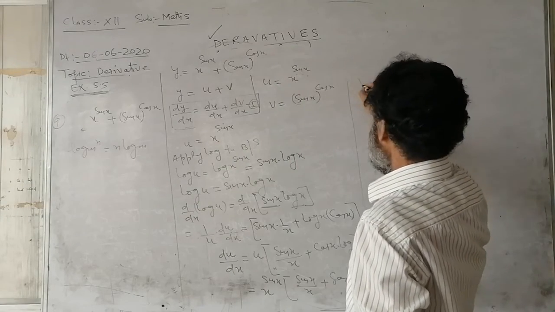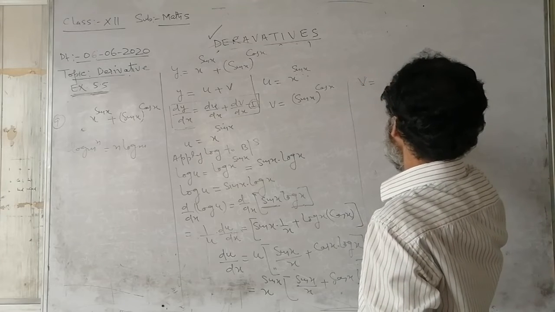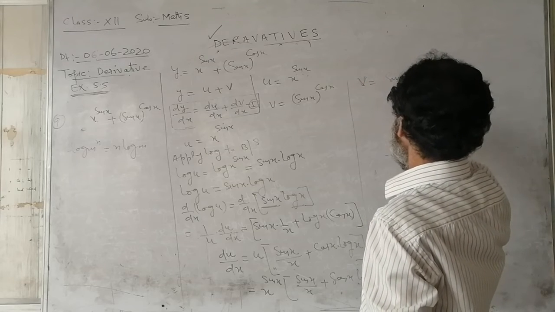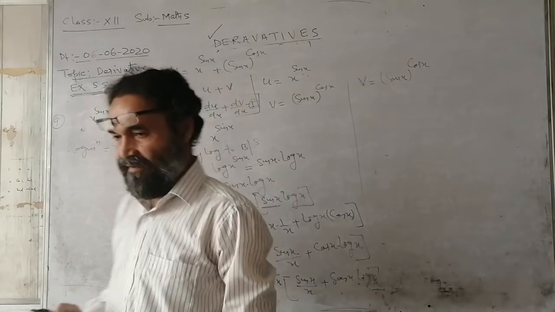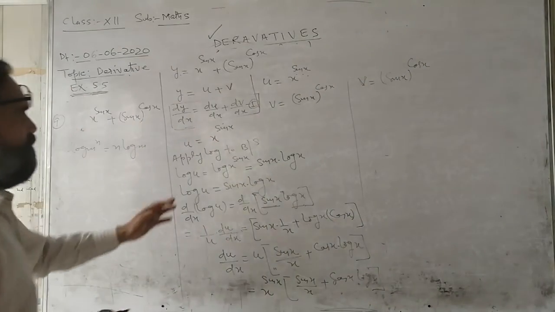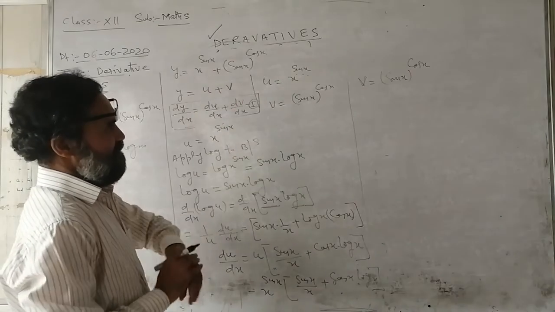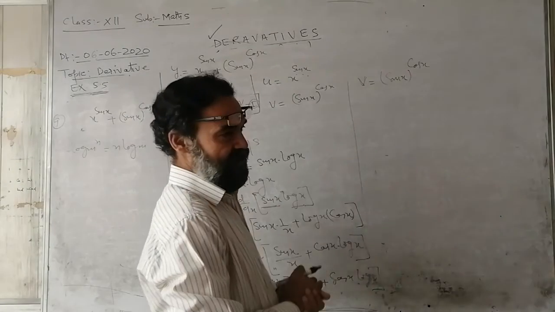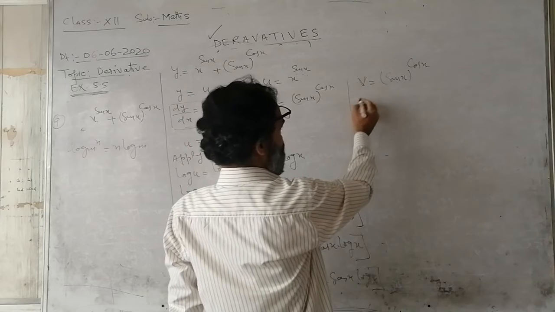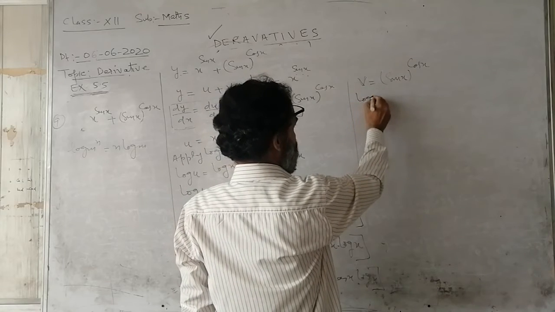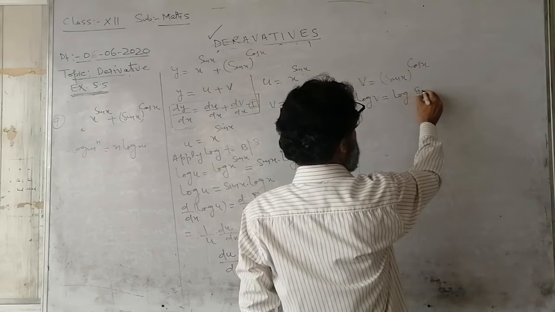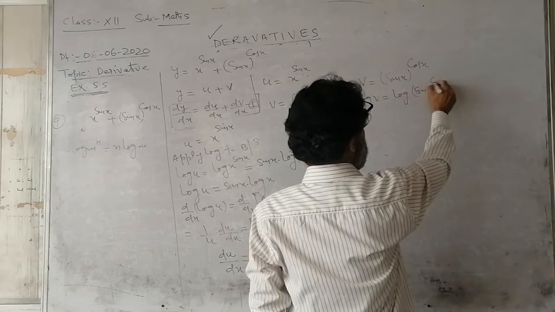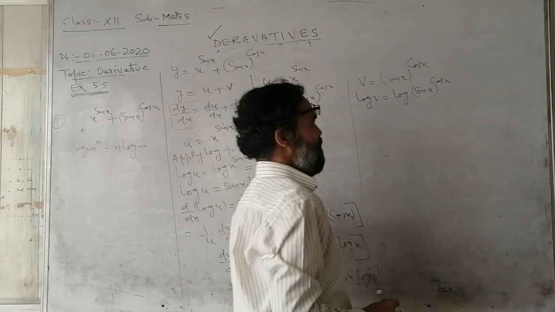Now v is equal to sin x raised to power cos x. In the same way that I found the value of du upon dx, the value of dv upon dx can be found. So taking log to both sides, log v equals log of sin x raised to power cos x.